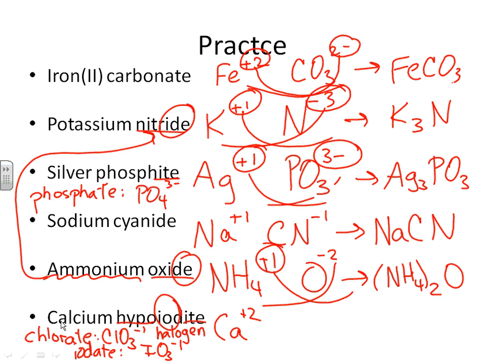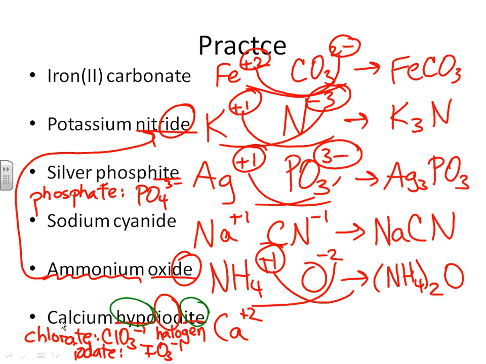Great. Now let's deal with the other parts of it. We've got the hypo and we've got the ite. Let's take the ite first. Ite means 1 less oxygen than ate. So iodite would be IO2 -1. But we don't just have ite, we also have hypo. Remember, hypo meaning hippo, not a lot of energy, moving very slowly, meaning even less oxygens. So hypoiodite is going to be 1 less oxygen than iodite on its own.